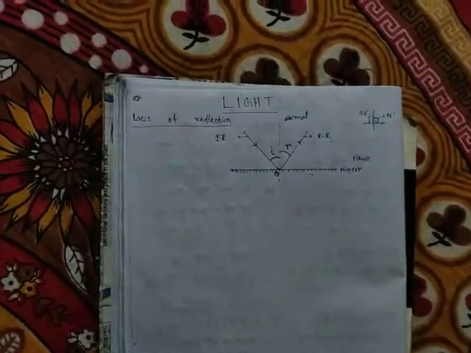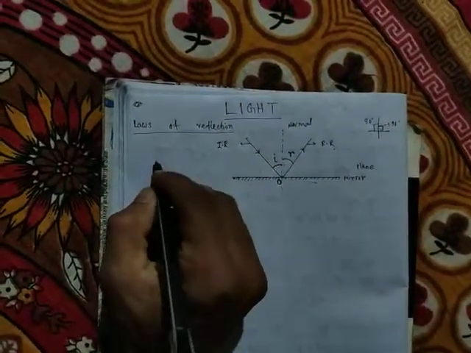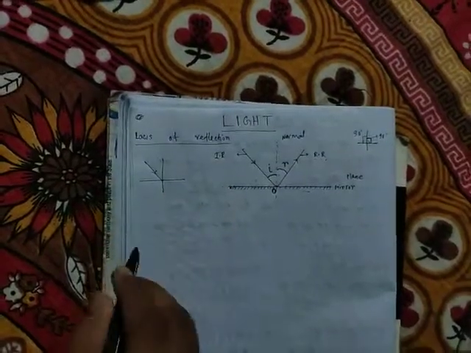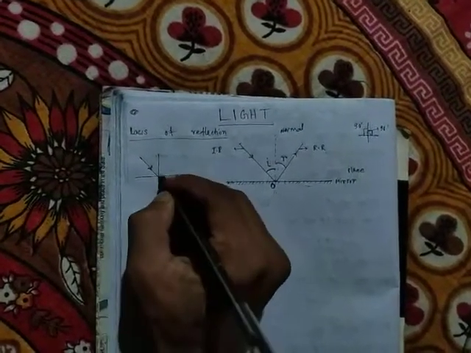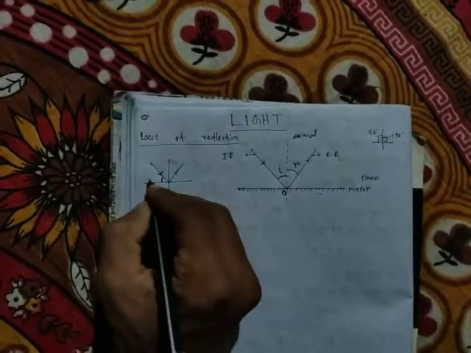Students often make this mistake: not with the surface. So for example, suppose this is the incident ray. I have already discussed this kind of sums, I am just giving an example. This angle is 60 degrees. So what is the angle of incidence?